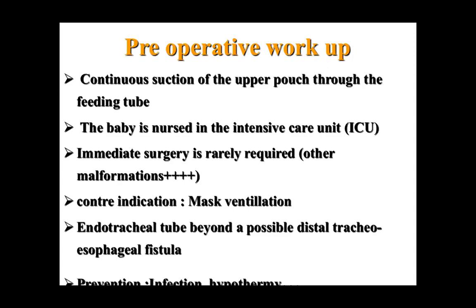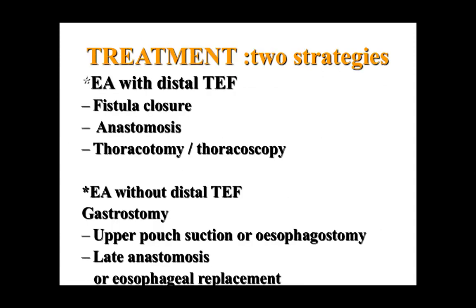So if needed, here we must perform endotracheal intubation, and at best, this endotracheal tube should be pushed beyond a possible distal tracheoesophageal fistula. And of course, this is a rule for any baby: you should prevent infection and hypothermia.